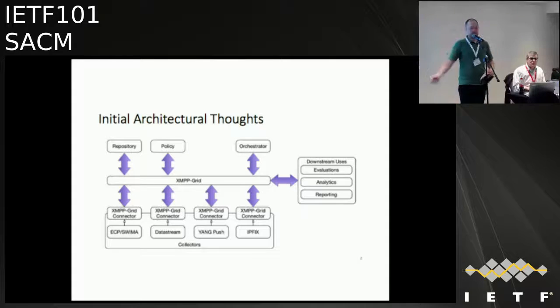But these are also just other examples of where that information could come from, and that they do fit into the model of being published to the XMPP server and having that information then be put over a standard interface to XMPP for continued usage down the line. Okay, so we can discuss offline about the more details of it. But anyway, I'm very interested in the YANG push and IPFIX part because I'm from the network device vendor. Sure. And I think Adam will probably talk a little bit more about that when he shows this diagram a little more later too.